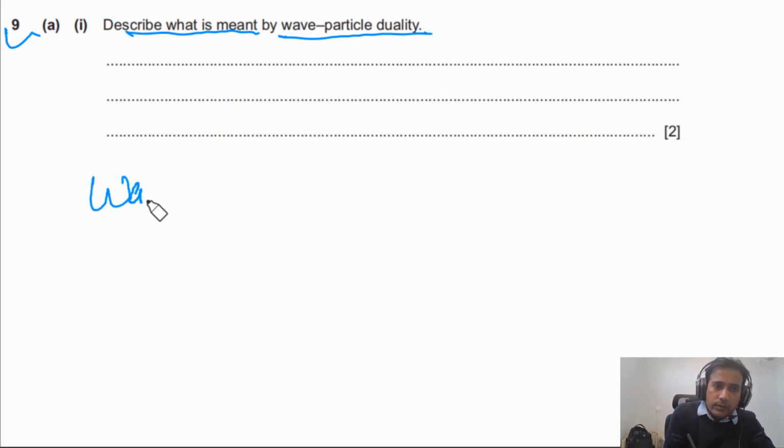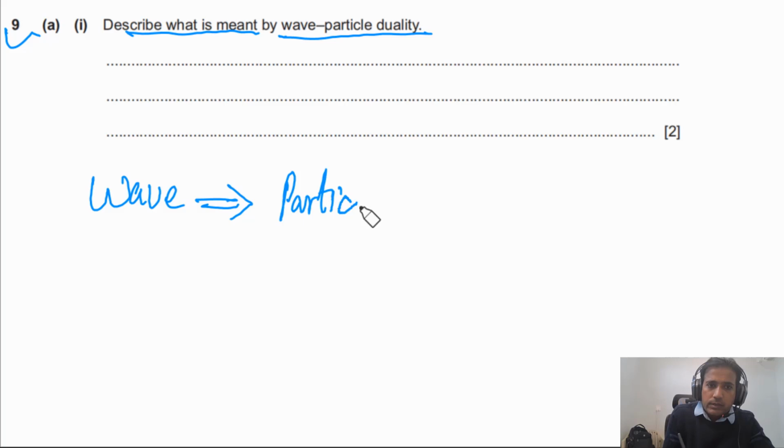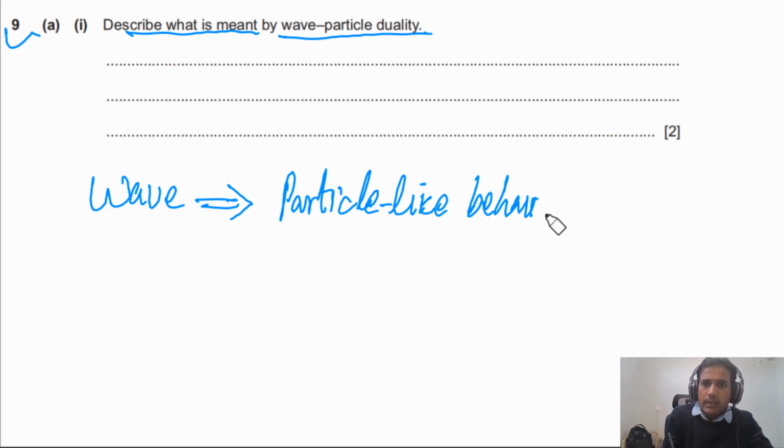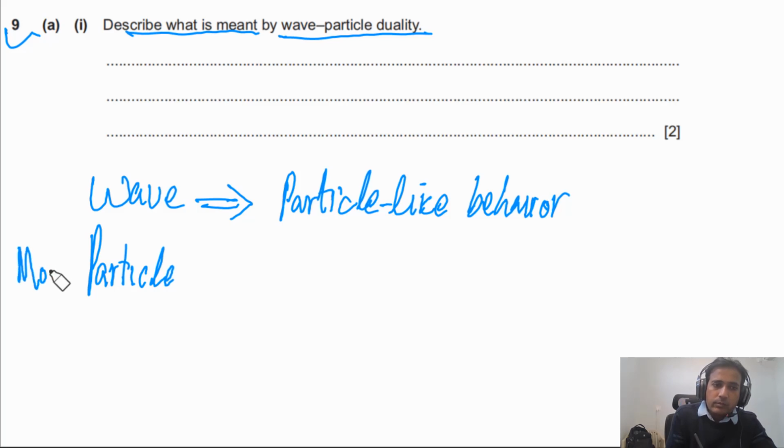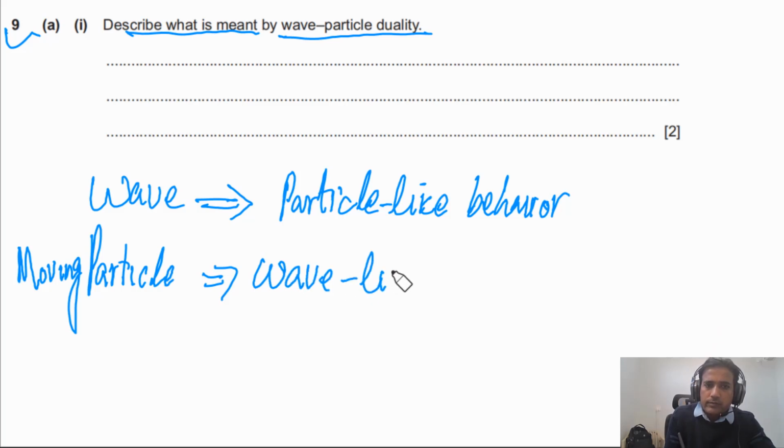Waves can exhibit particle-like behavior, and particles can exhibit wave-like behavior. So moving particles, very important one, moving particles can exhibit wave-like behavior.